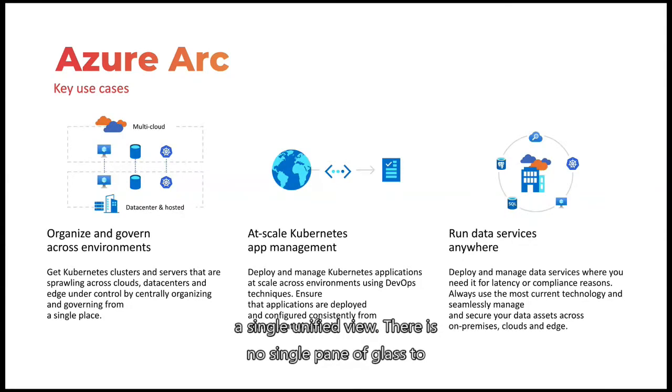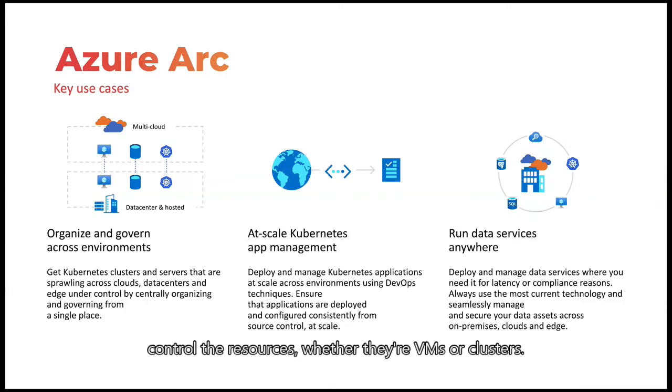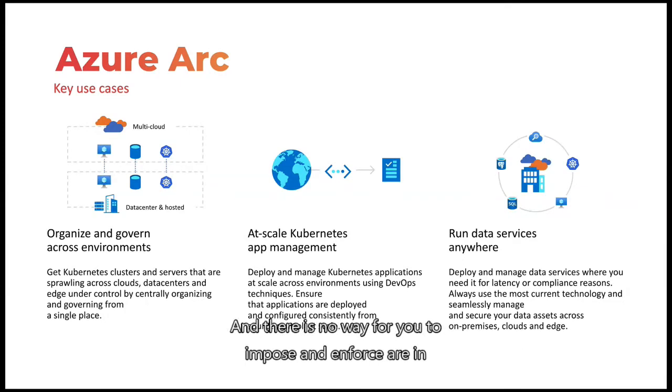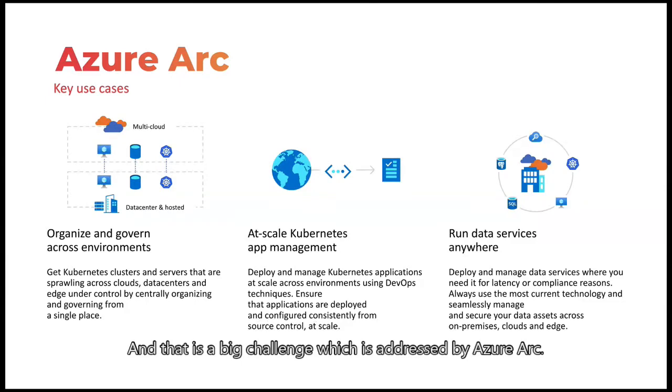There is no single pane of glass to control the resources, whether they are VMs or clusters. And there is no way for you to impose and enforce certain policies that are applicable to any cluster running anywhere. And that is a big challenge which is addressed by Azure Arc. So with Azure Arc, customers can organize and govern resources, whether they are VMs or Kubernetes clusters, across multiple environments.